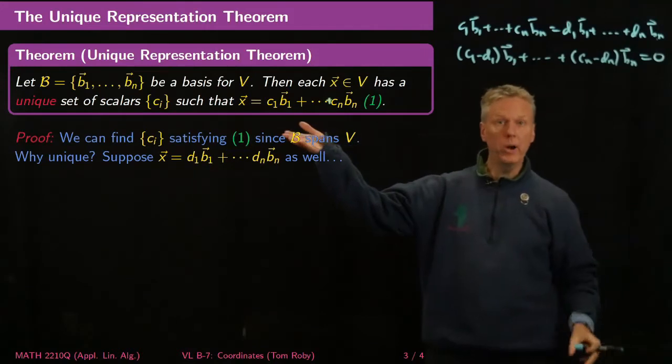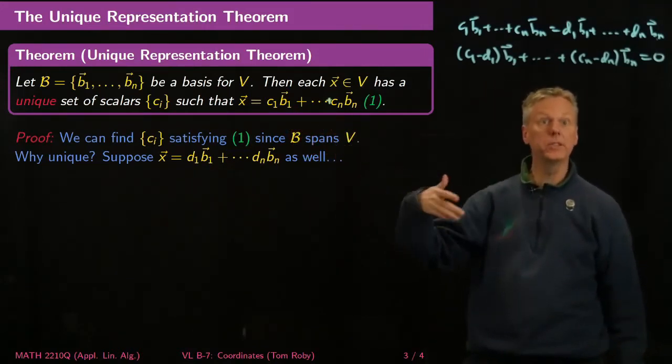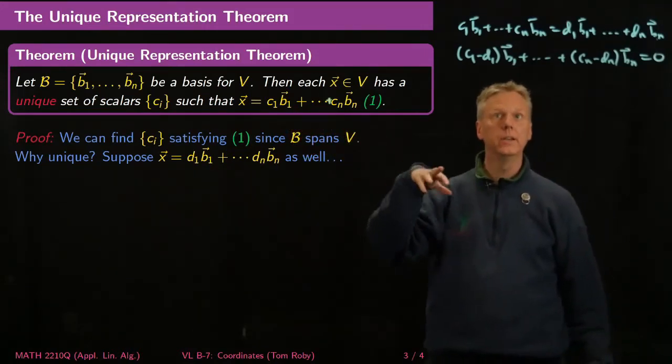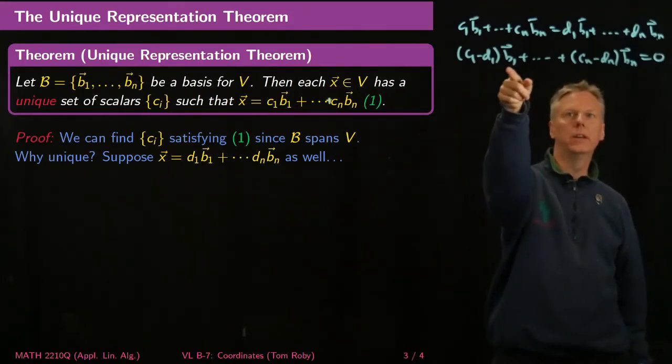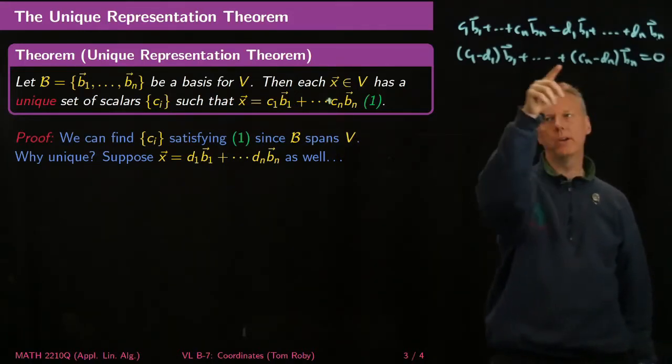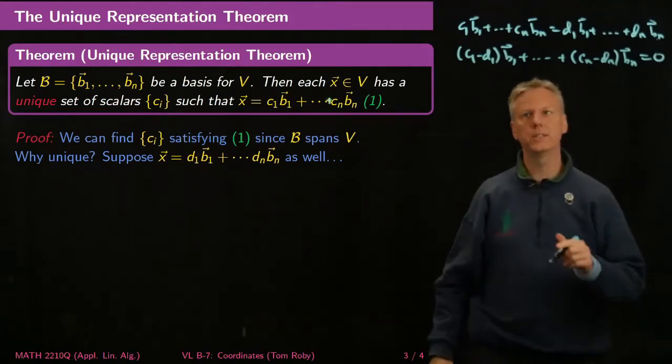Aha, but what do I know about a basis? A basis is a spanning set that's also linearly independent. So if it's linearly independent, then any linear combination of these vectors that gives me 0 means each of these coefficients has to be 0.